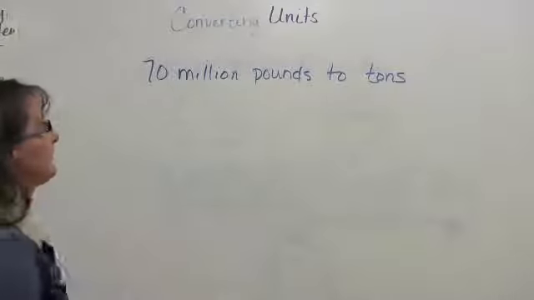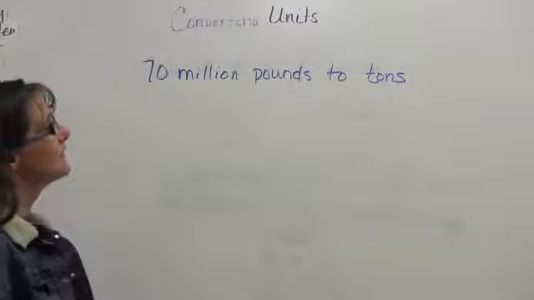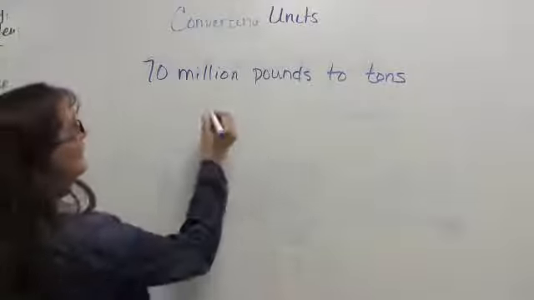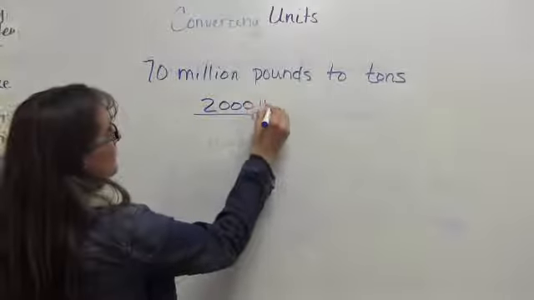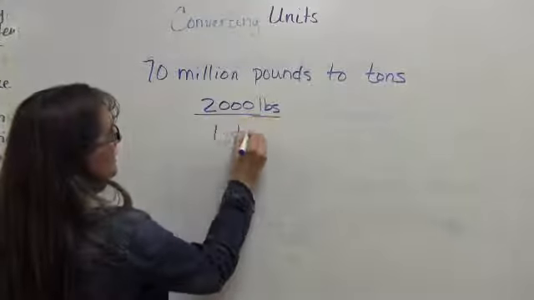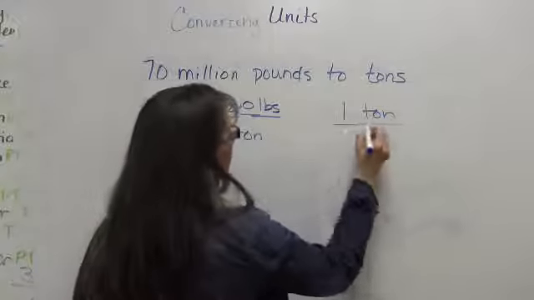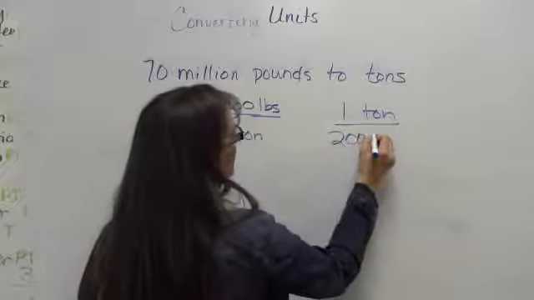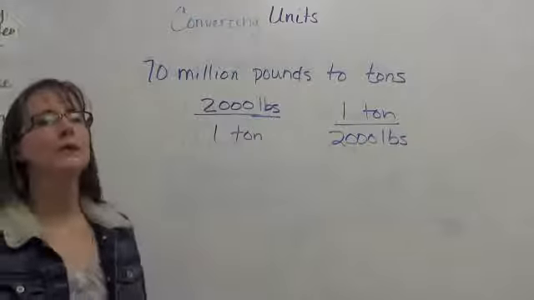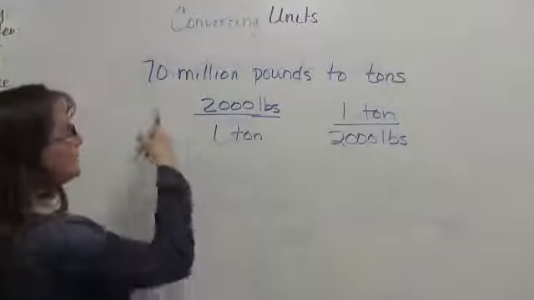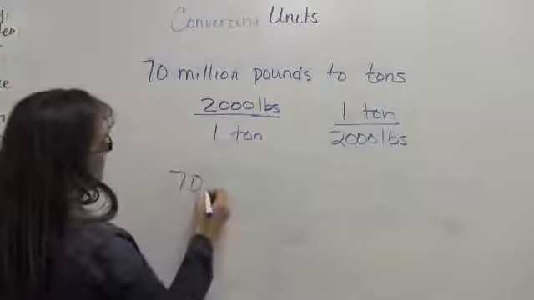Okay, for this one, we're going to be converting 70 million pounds to tons. So what we need to think of is what we know. Well, we know that there are 2,000 pounds in 1 ton. That means 1 ton has 2,000 pounds in it. So we need to think, which one are we going to be using here? First of all, let's put our 70 million pounds on top here.